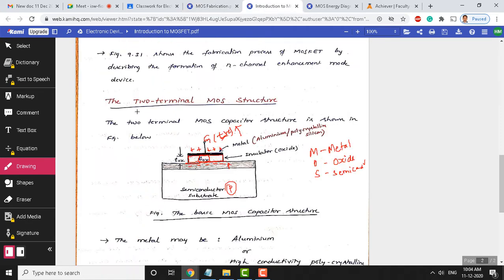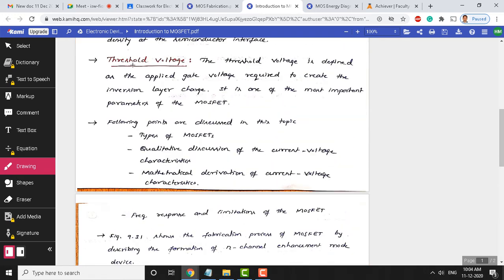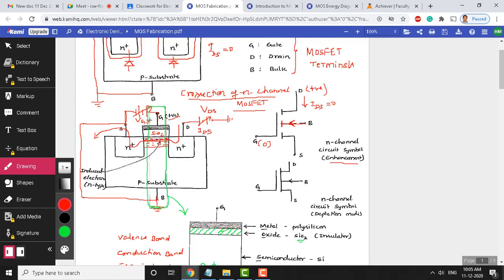So, this is about the basics of the MOSFET, and let us move on to the structure we are studying here. Now, in our discussion, this kind of two terminal MOS structure is followed, as you are seeing here. We defined earlier the definition of threshold voltage, which can be reiterated here. It is the voltage VGS that we apply for the formation of this inversion layer here. This layer is called the inversion layer because within the P substrate you are seeing the opposite type of charge carriers.